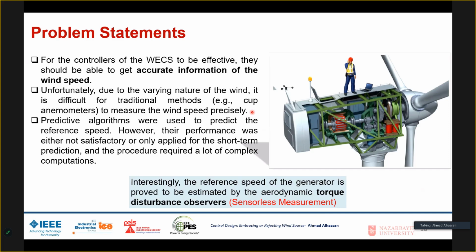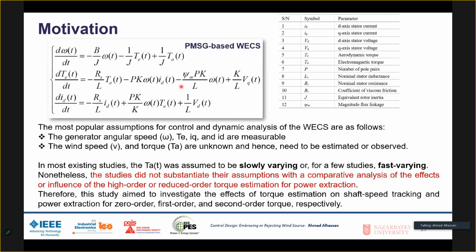Because we know whenever there is wind acting on the blades, aerodynamic torque will be generated. So from this aerodynamic torque, we can use the relations to estimate the wind speed. Here, this is the dynamics of the equation, and this is the aerodynamic torque captured from the wind on the blades.